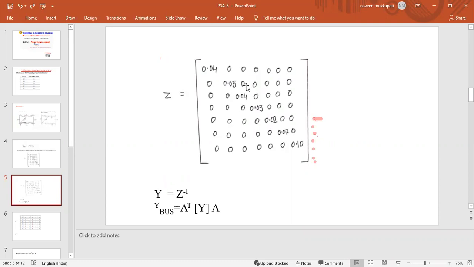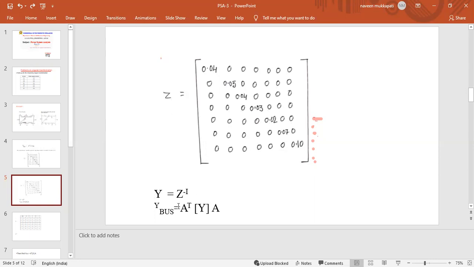Y is equal to 1 by 0.04, 0, 0, and so on; next 0, 1 by 0.05; next 1 by 0.04; next 1 by 0.03; next 1 by 0.02; next 1 by 0.07; and 1 by 0.10. That is the inverse of that matrix.